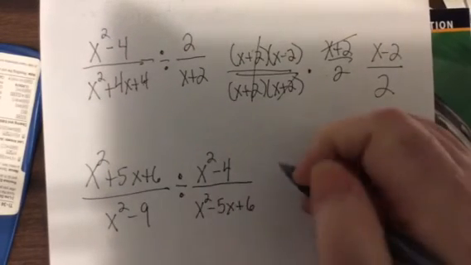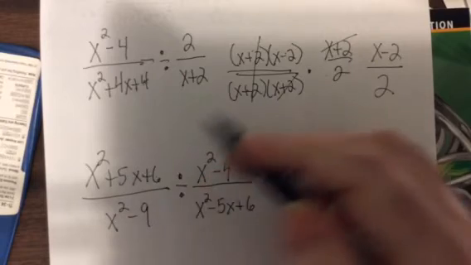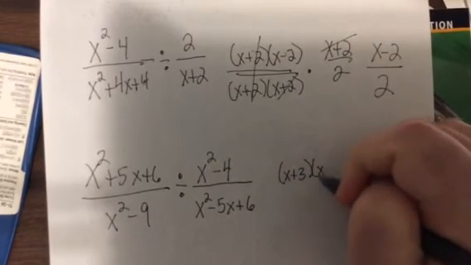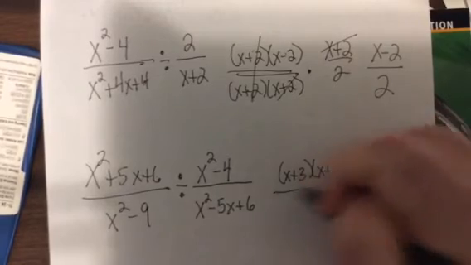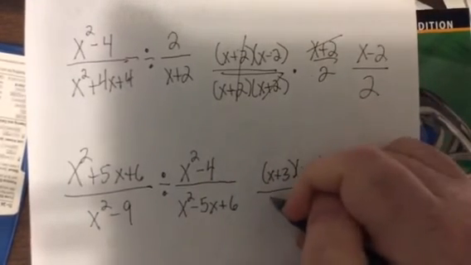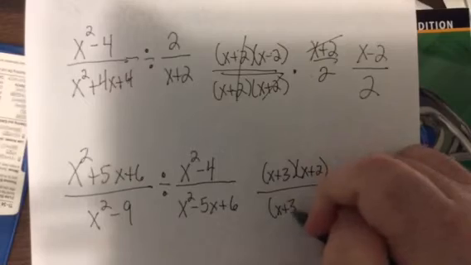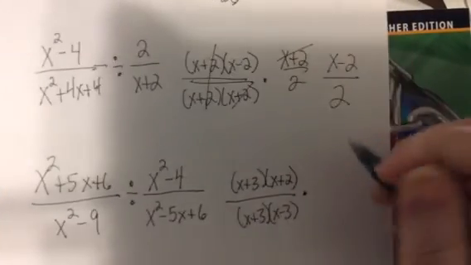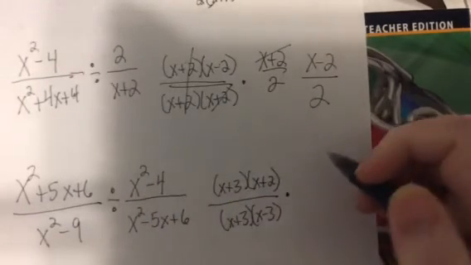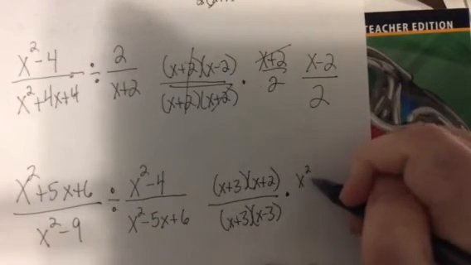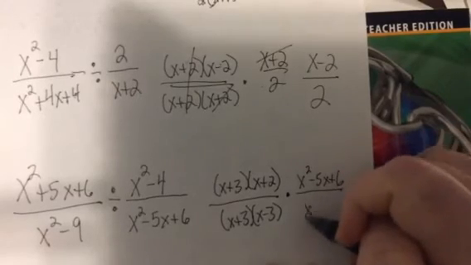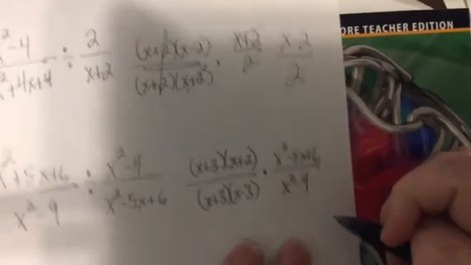Okay, so factors of 6 that add up to 5 would be x plus 3, x plus 2. Difference of squares, x plus 3, x minus 3. Divided by, flip, it's x squared minus 5x plus 6 over x squared minus 4.